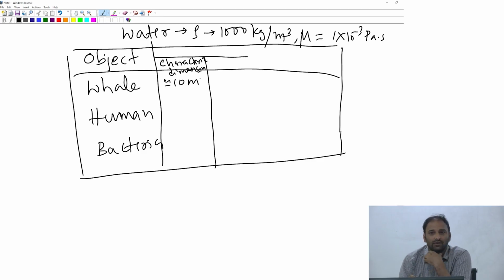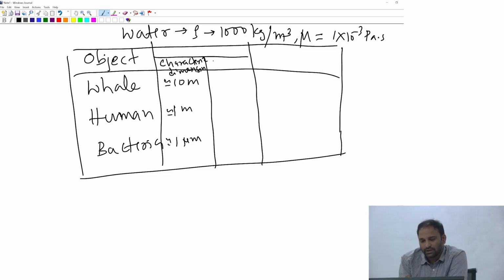Roughly, again, of the order of 1 meter. What about bacteria? What do you think would be the size of the bacteria? Micron. A typical length scale could be of the order of 1 micrometer. There are a lot of bacteria, a lot of viruses, and typical dimensions of these things are of the order of a micrometer. That's your characteristic dimension.